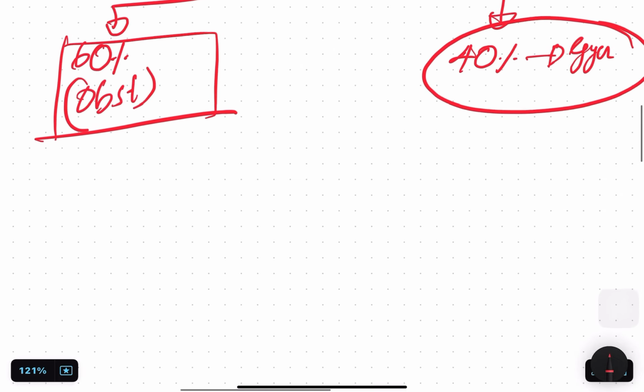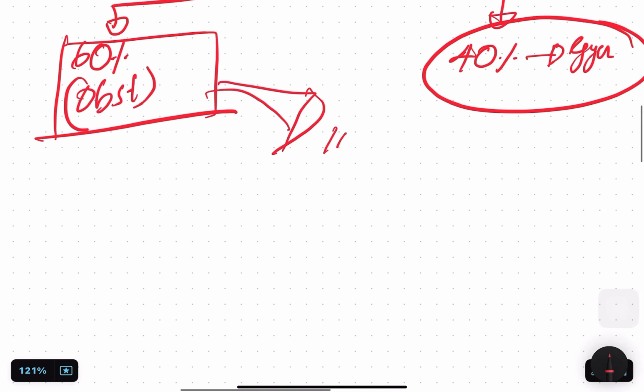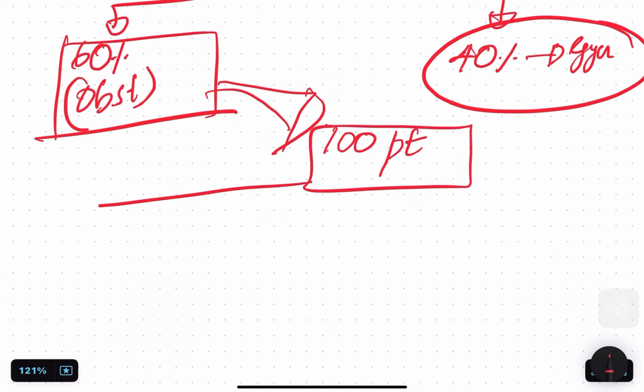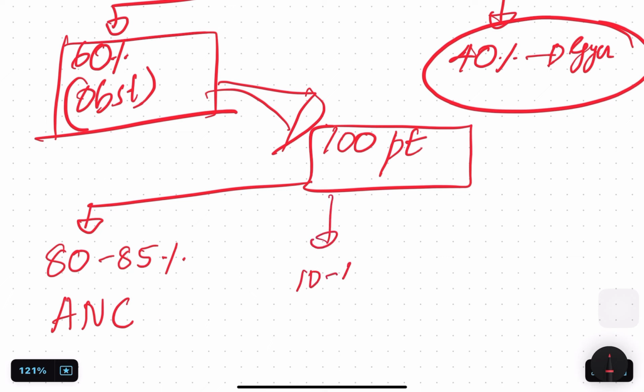So if we convert the 60% into 100 patients which we see in obs, we can classify the people as, see, almost 80 to 85% of the cases which you get to see in your day-to-day practice are antenatal cases. Then almost 10 to 15% of the cases are high risk pregnancies.